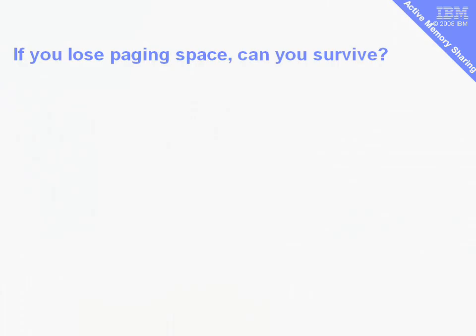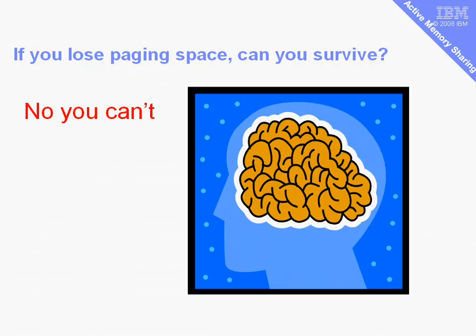Now, if we lose a paging space on a disk, we lose the disk on which it is sitting, can we survive? The answer is no. What is in the paging space should really be in memory, and a computer system where memory is completely failing will not run very long.